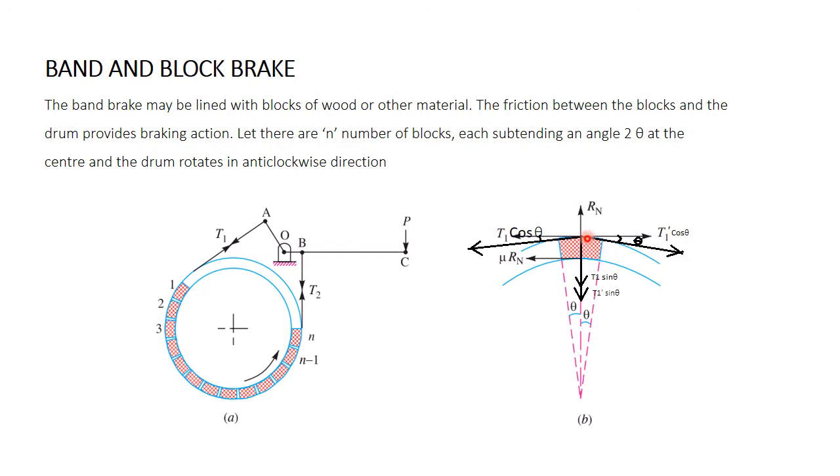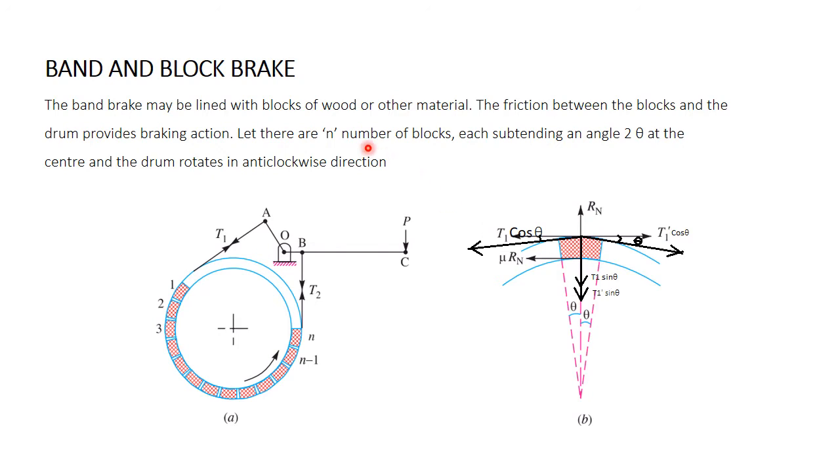Therefore two components arise: T1 cos theta and T1 sin theta. T1 cos theta acts in the left direction and T1 sin theta toward the center of the drum. The other force, T1 dash cos theta, acts in the right direction and T1 dash sin theta toward the center of the drum.